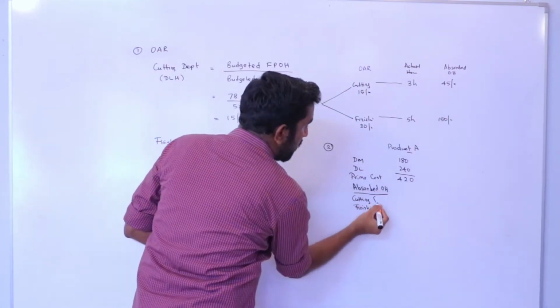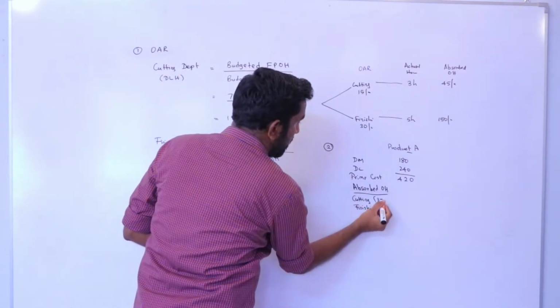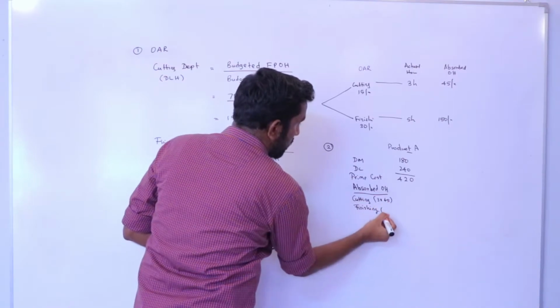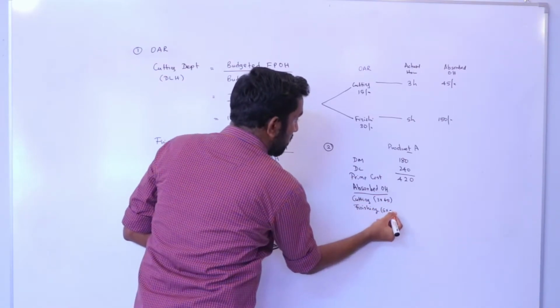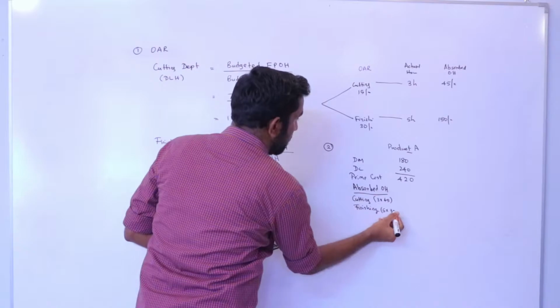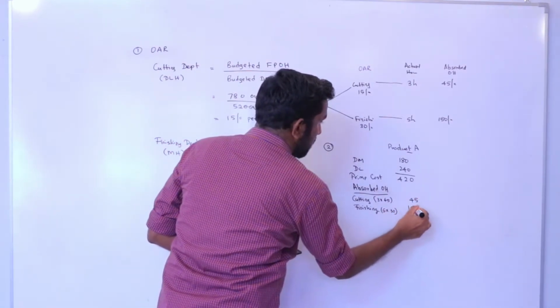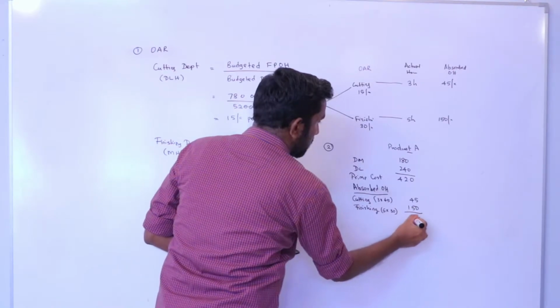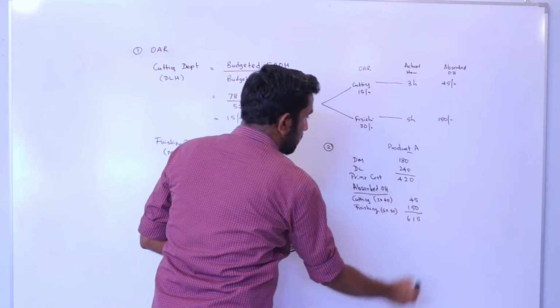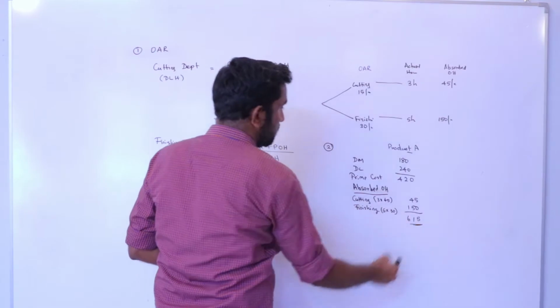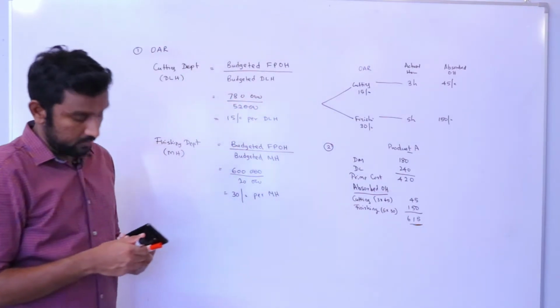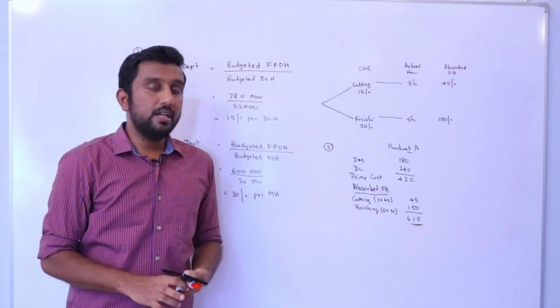So I have to write how I found it. I would say 3 into 45 and 5 into 30, and 45, then 1. So 615, right? So that is the answer for the second question.